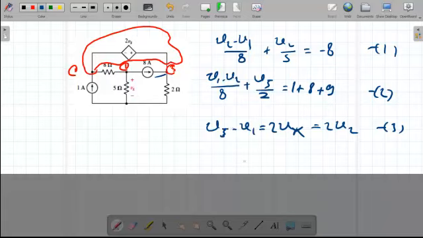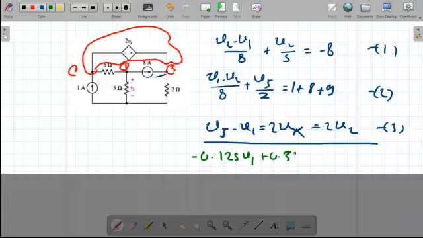So after we organize these equations, they become minus 0.125 V1 plus 0.325 V2 equals minus 8. The second one becomes 0.125 V1 minus 0.125 V2 plus 0.5 V3 equals 9.